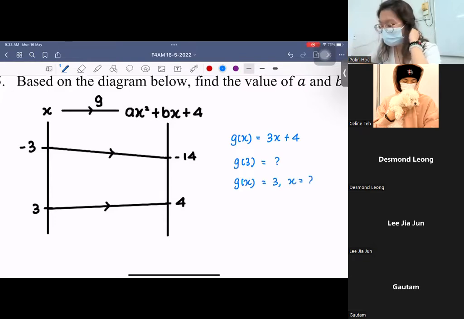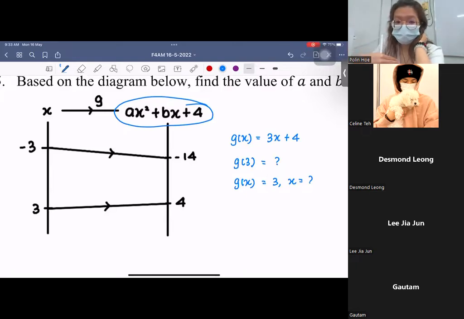At the same time, the question can also ask you to find the relation by giving you 2 unknowns, and then you can form 2 equations. If they give you 3 unknowns, then you can form 3 equations. Remember, the number of unknowns should be equals to the number of equations formed.